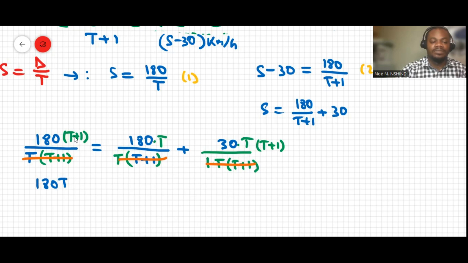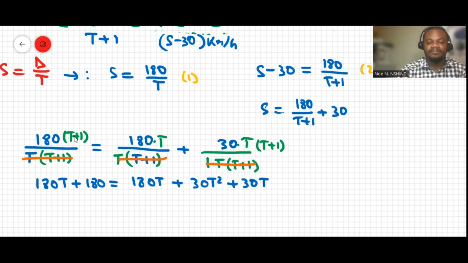180t plus 180 equal to 180t plus 30t squared plus 30t. Then we can simplify 180t and 180t. We can move the 180 over. That makes 30t squared plus 30t minus 180 equals 0.